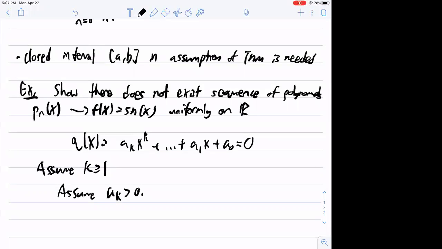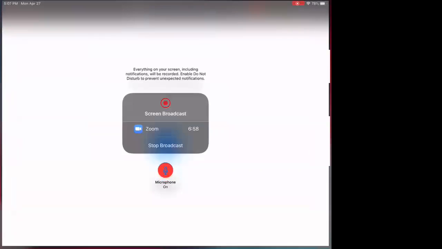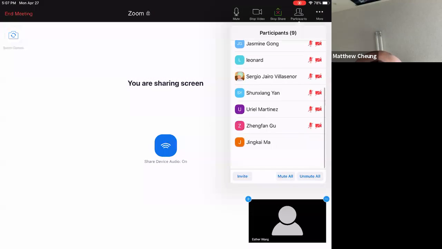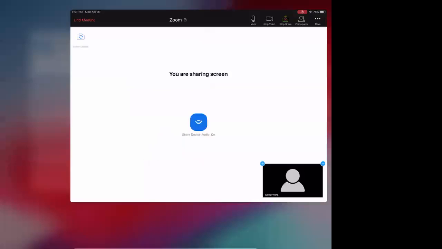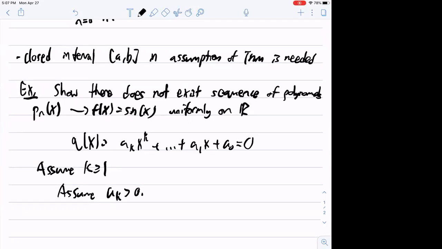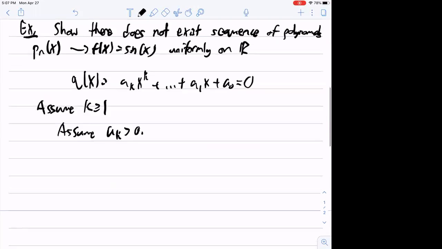Can anyone tell me how this polynomial behaves when x goes to infinity? Anyone? Anyone know how polynomials behave? For example, x^2 + x + 1.